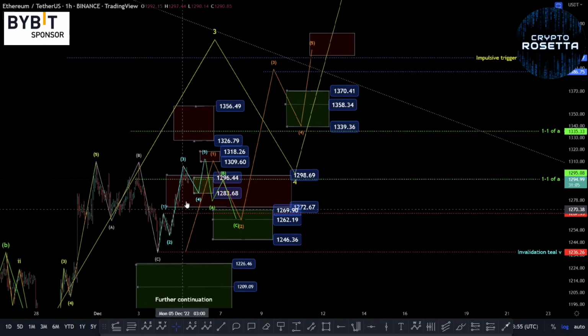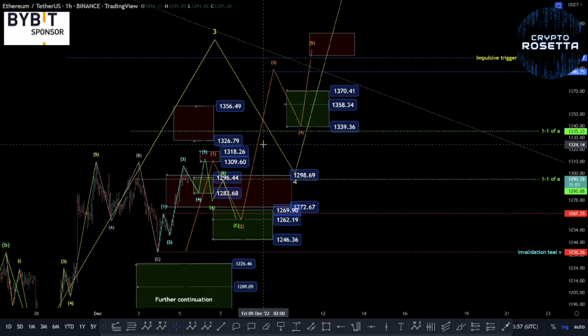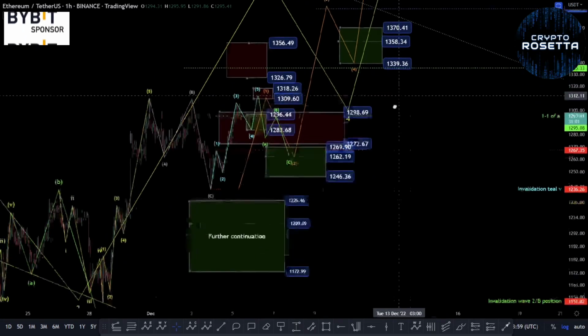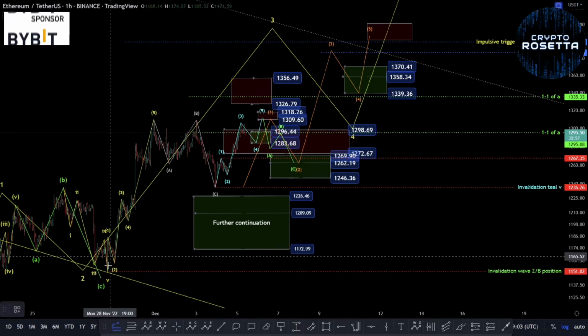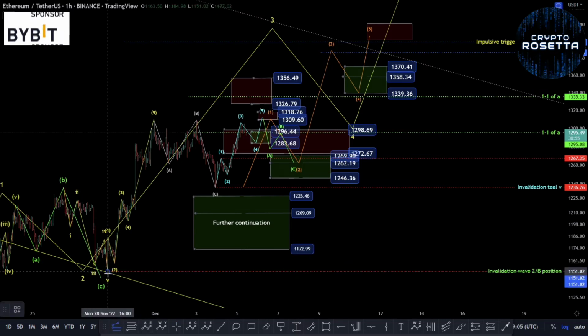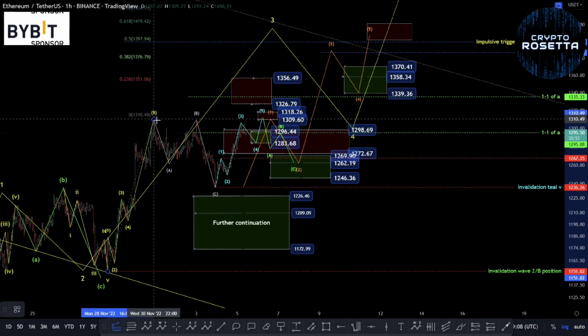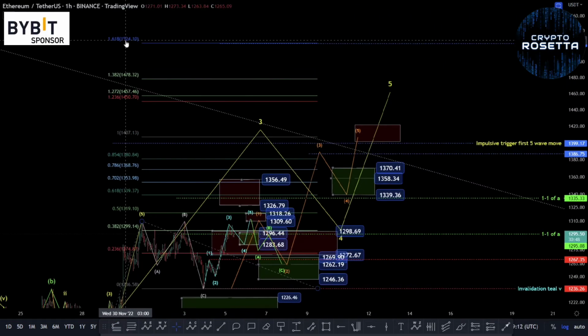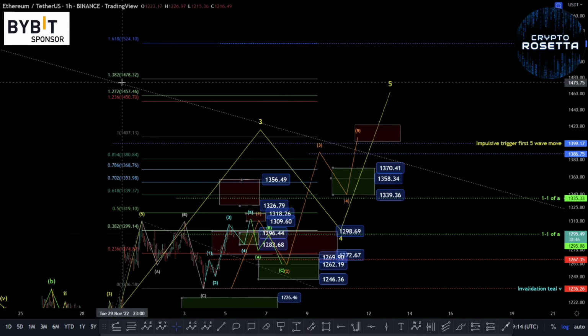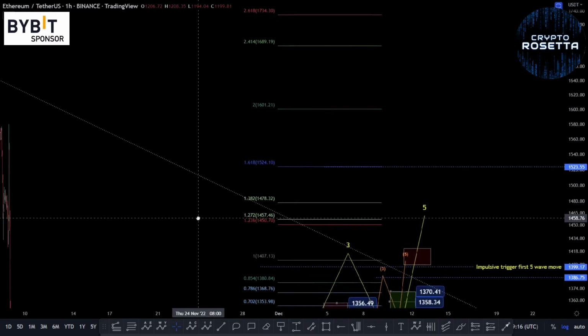Though looking at the current structure we have here, it would be indicating that this would be going higher, because effectively the ideal impulsive trigger of this move here brings us much higher to this 15,024 area.